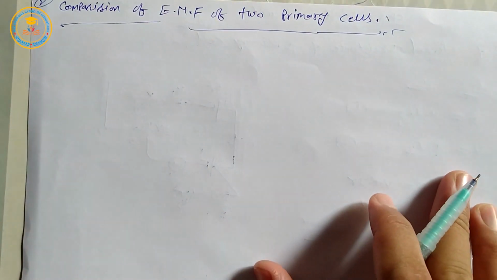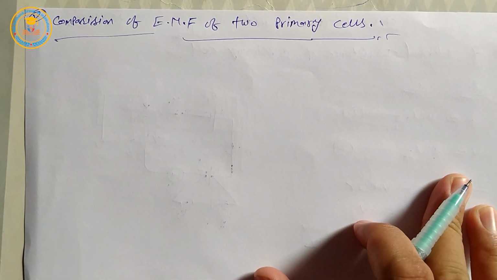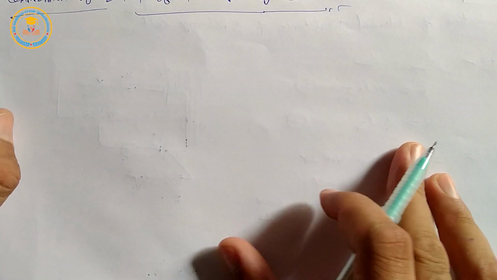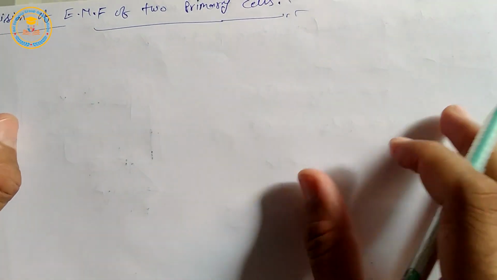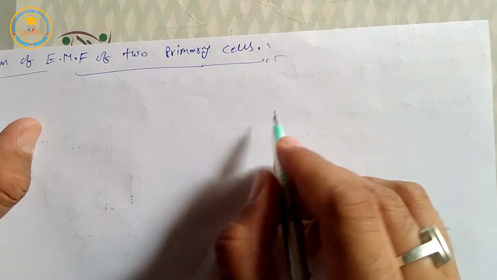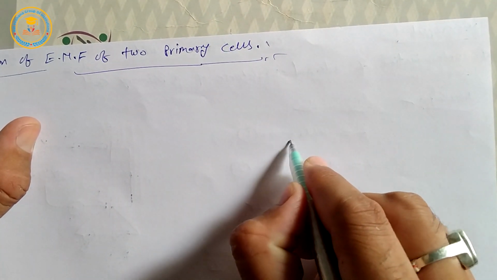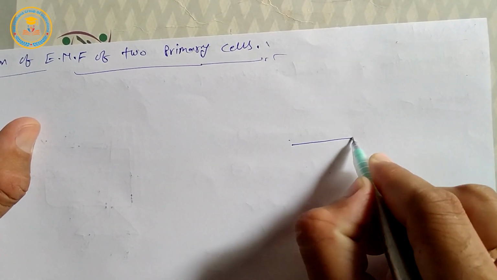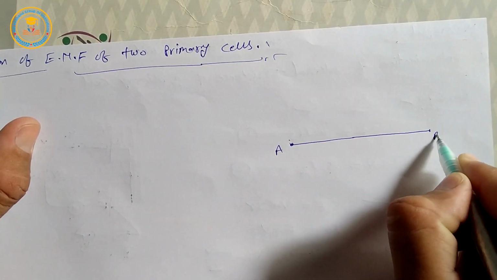Again, the construction of this application. Now again I will explain its structure, its construction, with the diagram. So see carefully. Suppose this is a wire of a potentiometer AB.